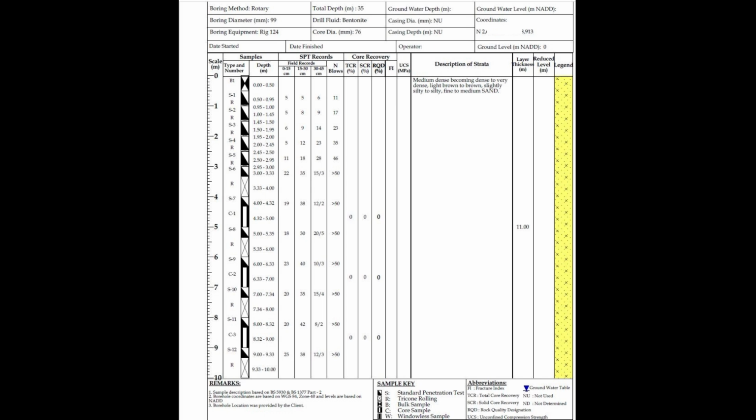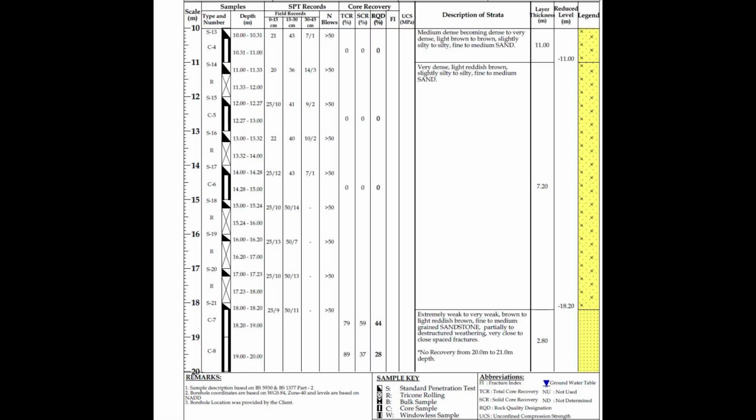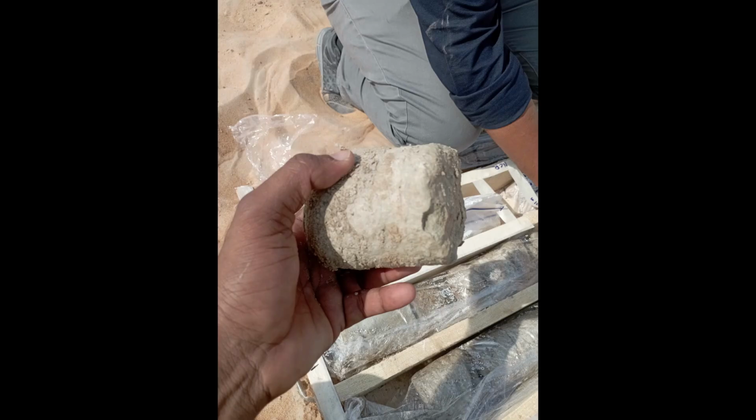Some things I can't show you because of the security and safety of the project. Another I will show you is where the core is starting. You see at a depth of 18 meters there is a core starting. You can check it for your reference, and these are the soil samples and core sample.